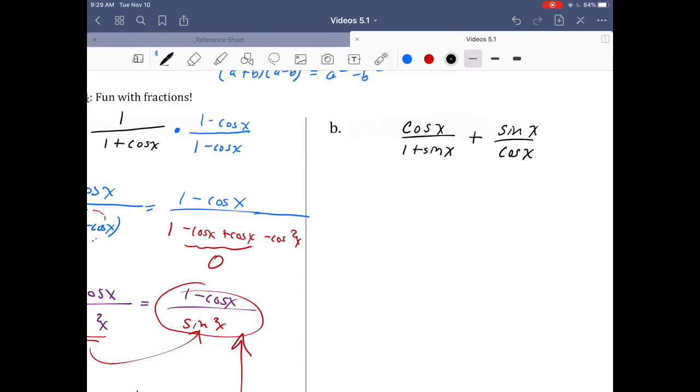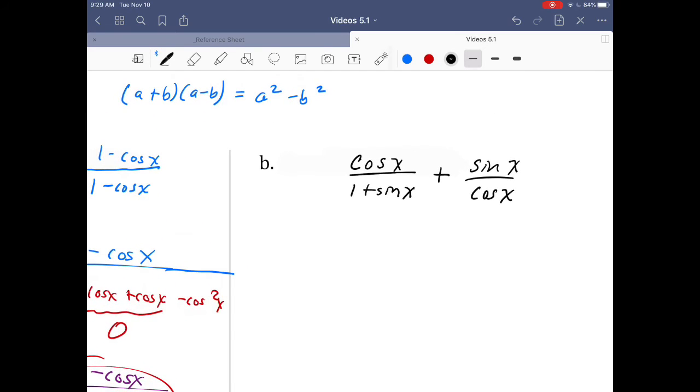For our last example, we're going to look at a sum of two fractions. And so let's remember that if we want to add two fractions, we need to make common denominators. And so the product of denominators is always a common denominator.